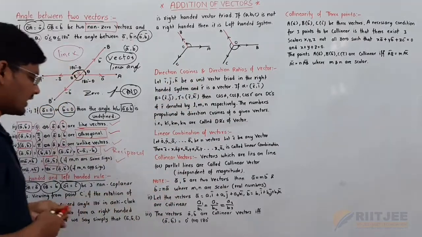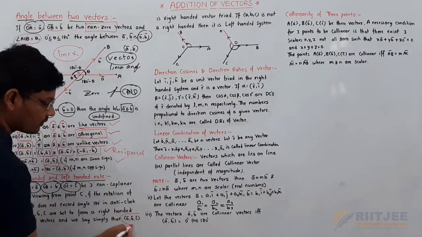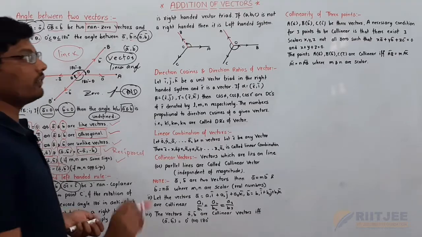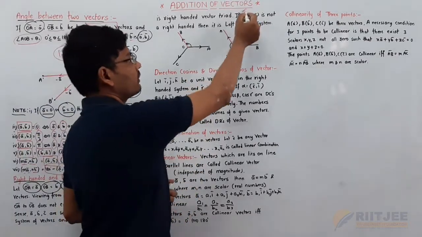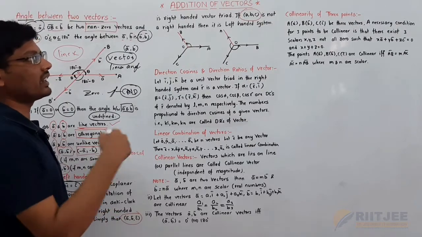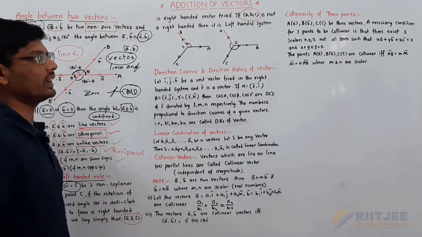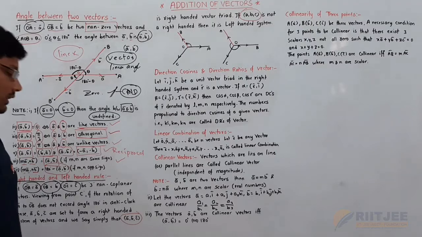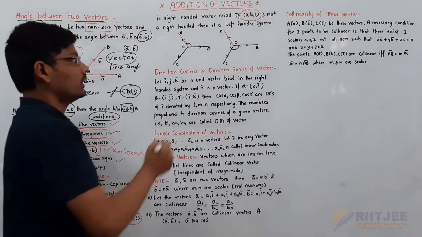If the set a, b, c is not a right-handed system, then it is a left-handed system.